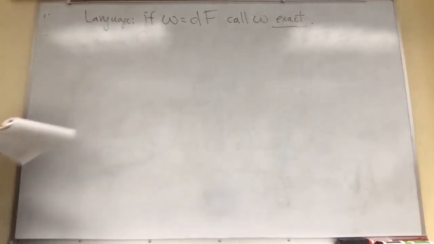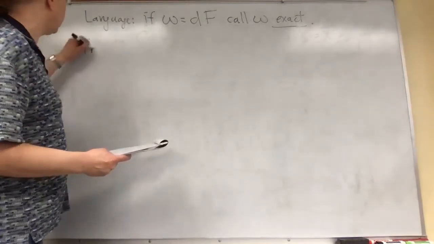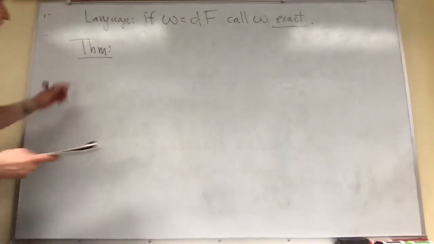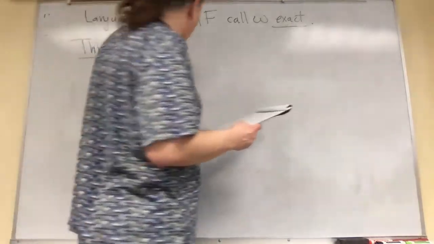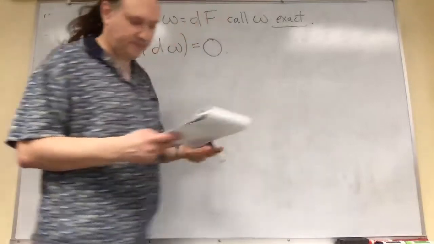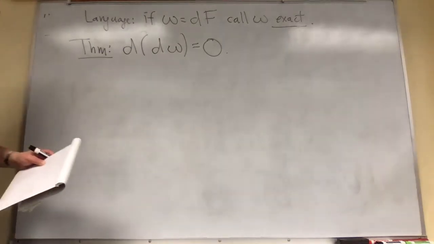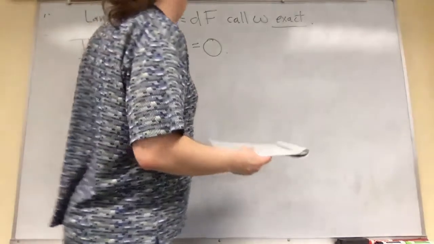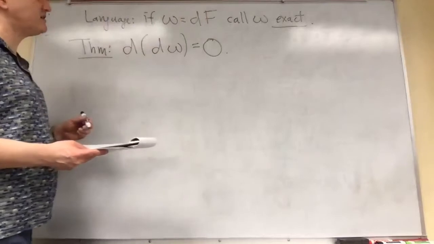Turns out, and this is relevant for lots of reasons, the derivative of a derivative is always 0. This is helpful. Why do we want to know this result? Because we want to know if something is or isn't exact.